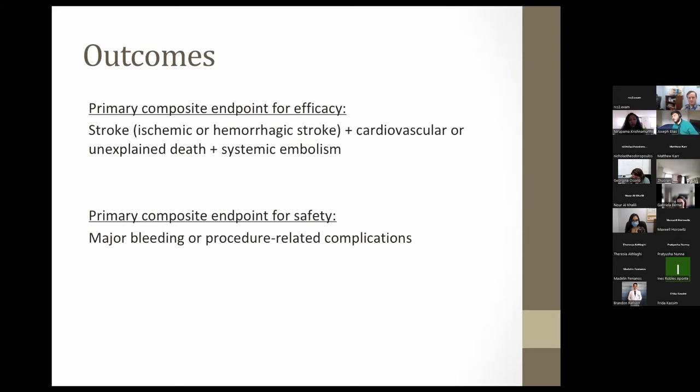The authors assessed for both efficacy and safety endpoints. So the primary composite endpoint for efficacy was a combination of stroke, cardiovascular or unexplained death, and systemic embolism. And then the endpoint for safety included a combination of major bleeding that could be GI, intracranial, or procedure-related complications such as a large pericardial effusion or device embolization, things of that sort.